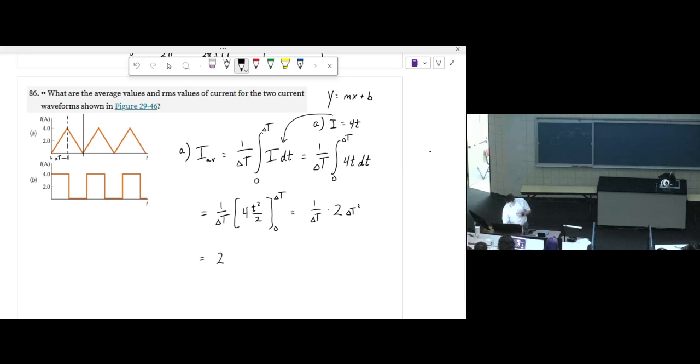No, that's just 2 times delta t here. What am I missing? That second delta t should have canceled out.